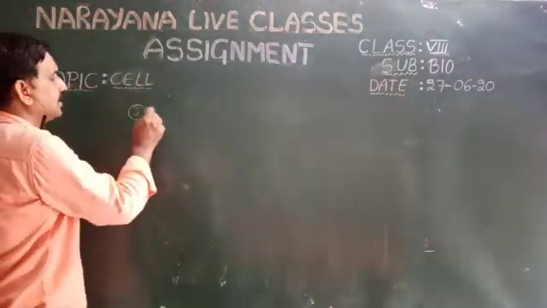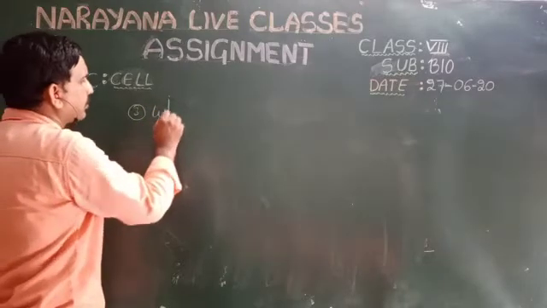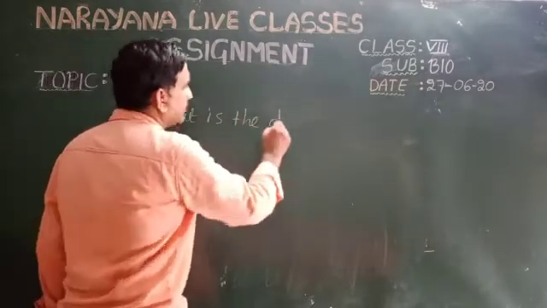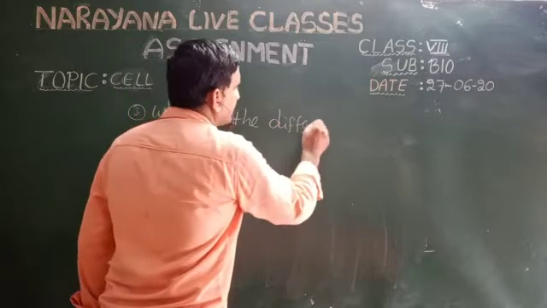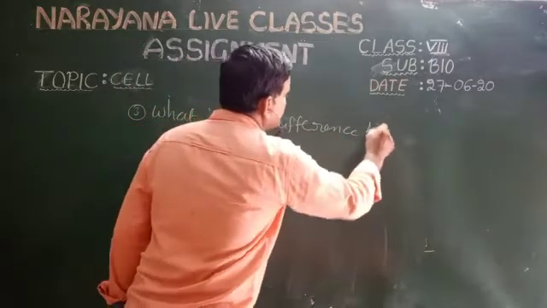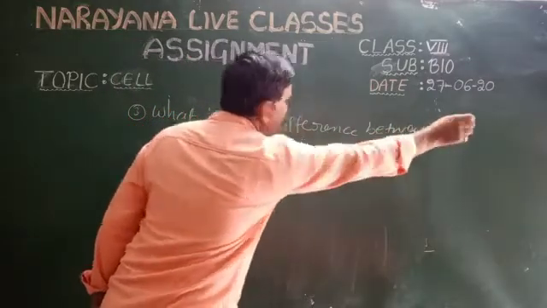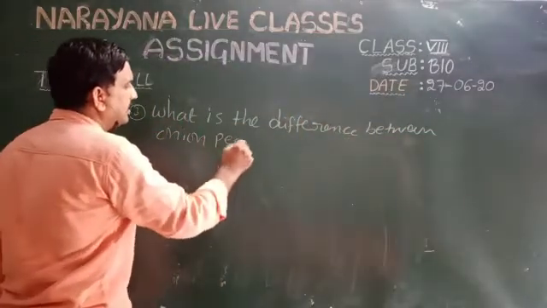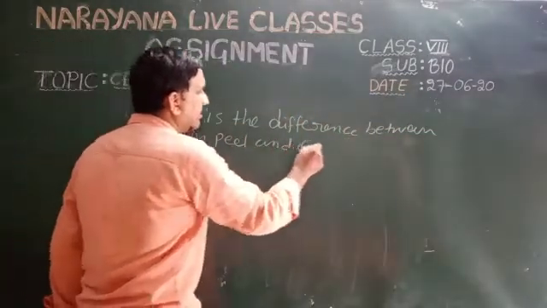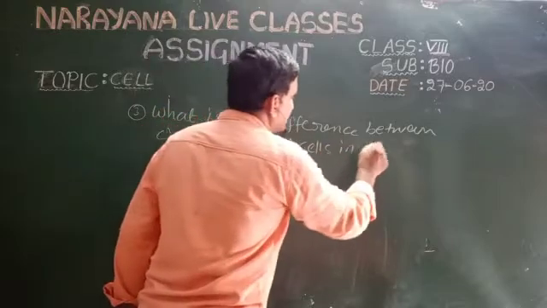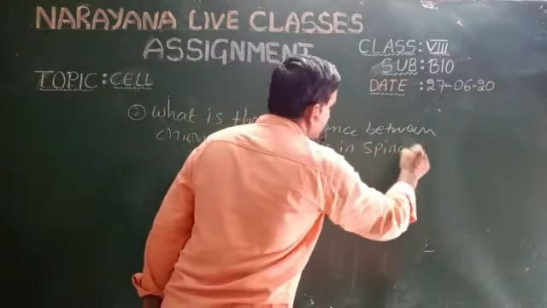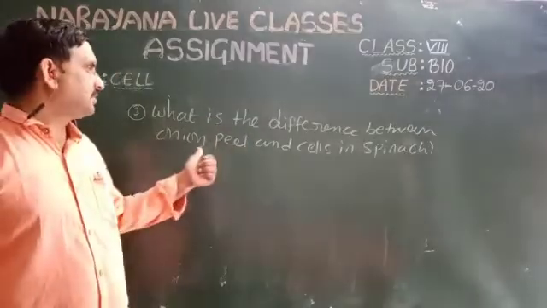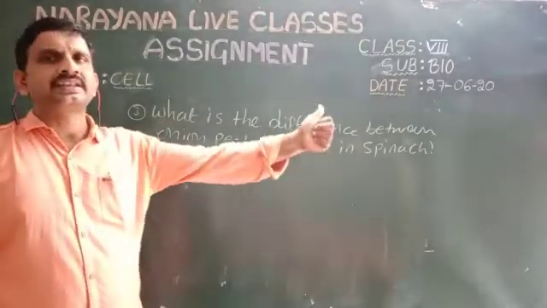Third question: what is the difference between onion peel and cells in spinach?